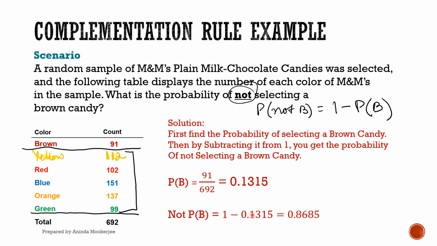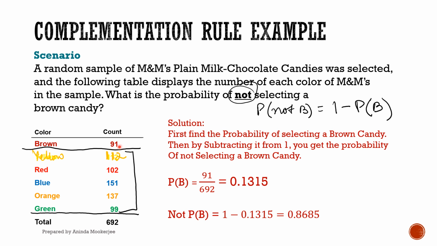All right, so this is where the complementation rule comes in very handy, because it can make the work faster and easier for you. Let me tell you why. We could have done it in another way also. We could have found the probability of all the other colors except brown and then added them up. We could have used the special addition rule to solve this.